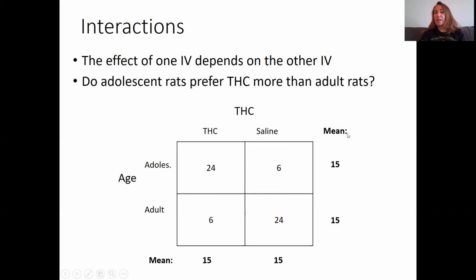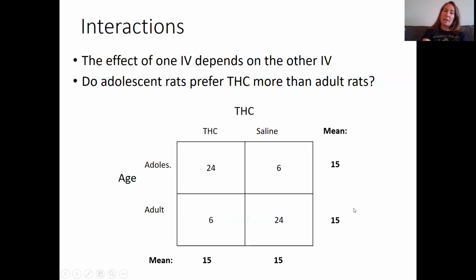So what we see is that for age, in general, the preference score is the same. The preference score doesn't change whether they're adults or adolescents. Then we could look over here and do this for THC and saline. You can see here that it doesn't matter, right? These are the same numbers, so THC and saline appear to be preferred the same, just like adults and adolescents tend to have the same preference score.